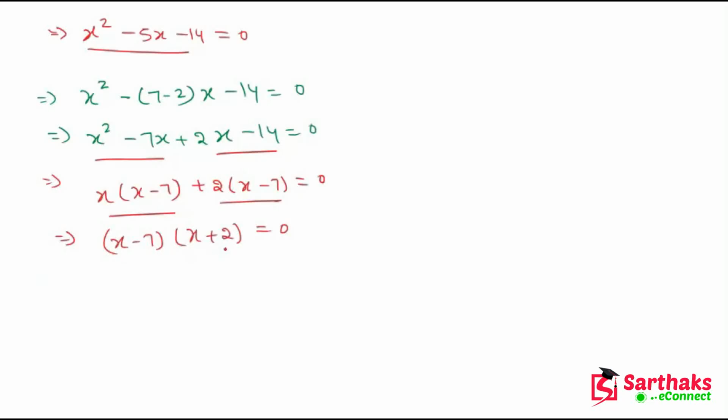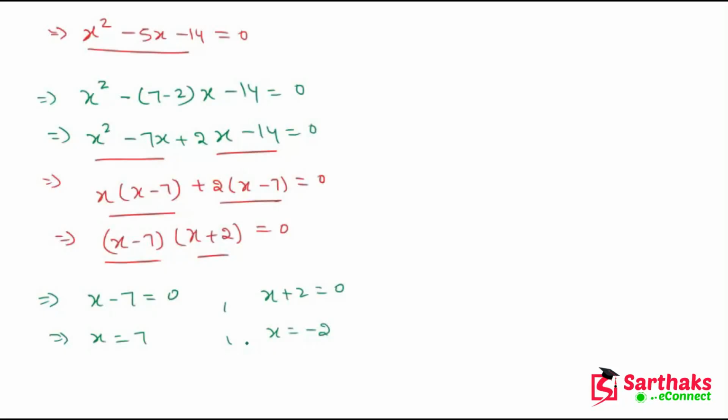Now for finding the value of x, we have to set each term equal to 0. Listen very carefully. So x minus 7 equals 0 and x plus 2 equals 0, so x equals 7 and x equals minus 2.